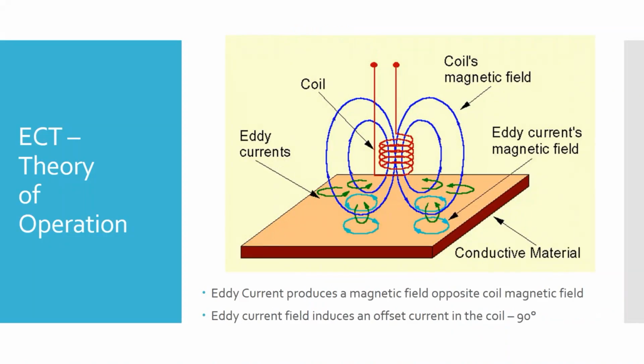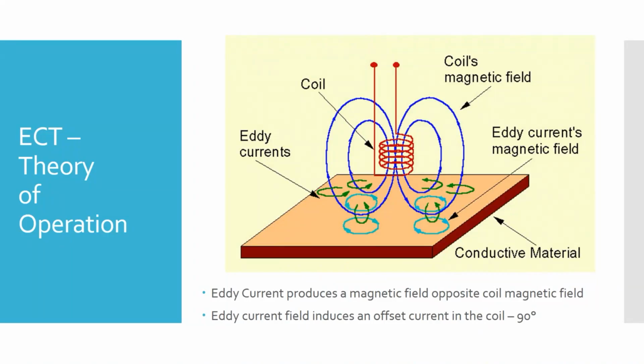What happens though is those eddy currents are going to create a magnetic field of their own. Okay, so the eddy currents will create a magnetic field, and that magnetic field is then going to go back and affect the coil. And it's going to create a change in impedance in the coil.